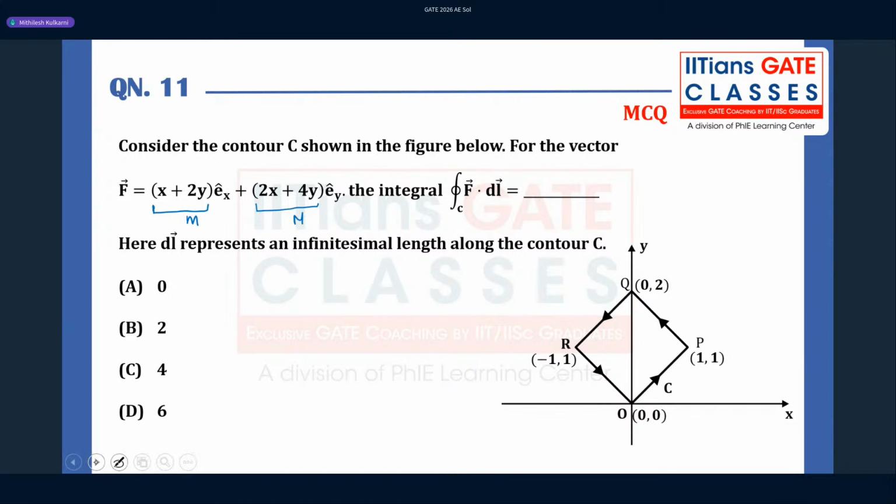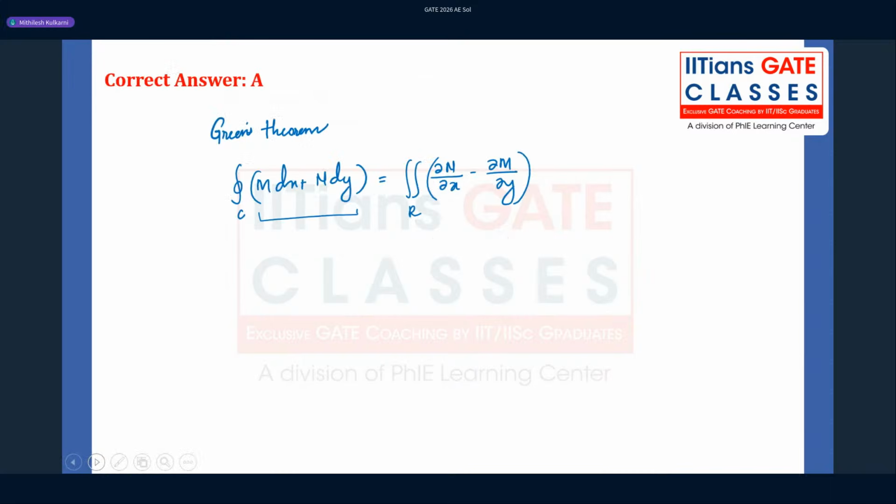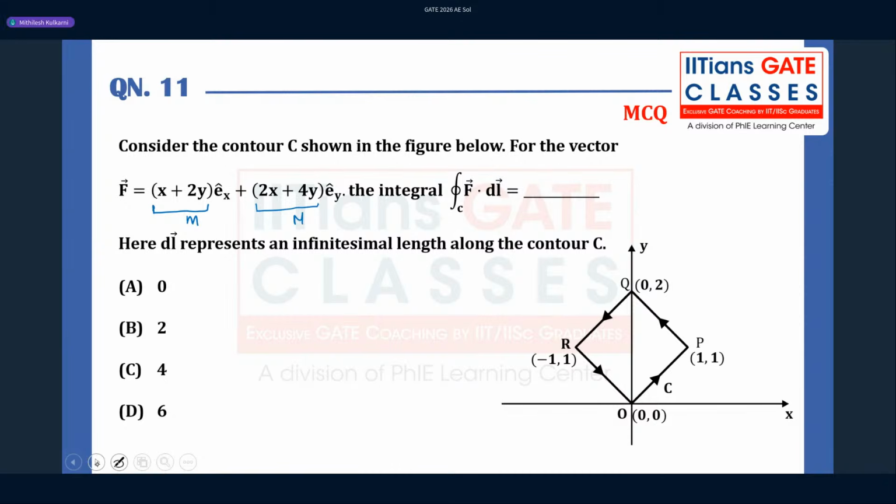So the value of m is x plus 2y, and the value of n is 2x plus 4y.